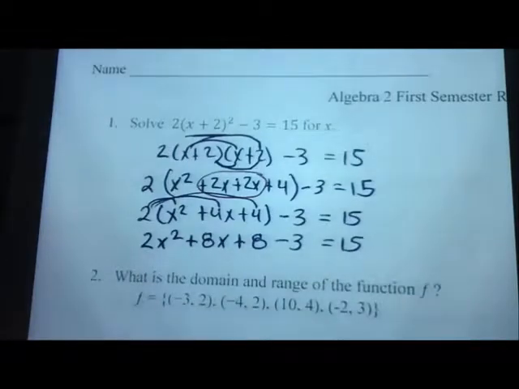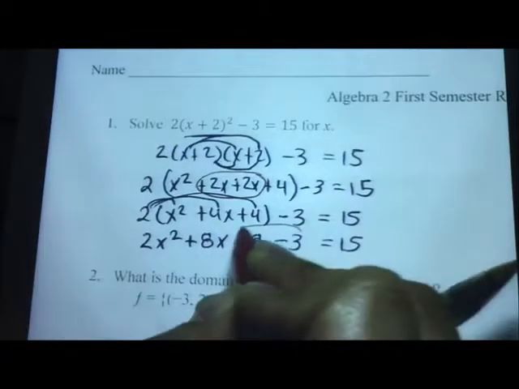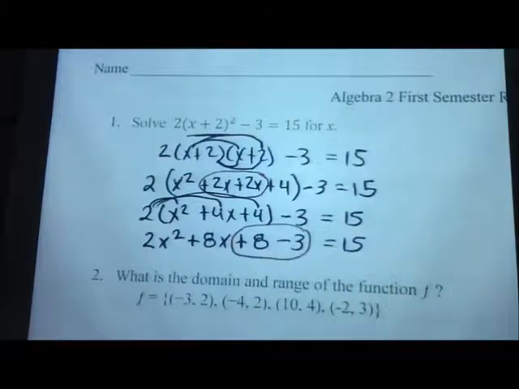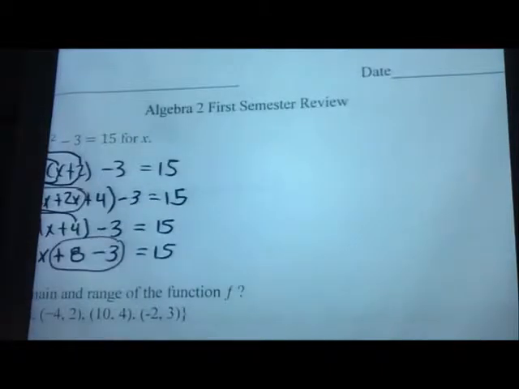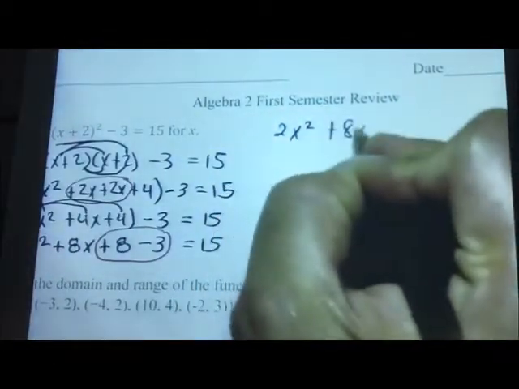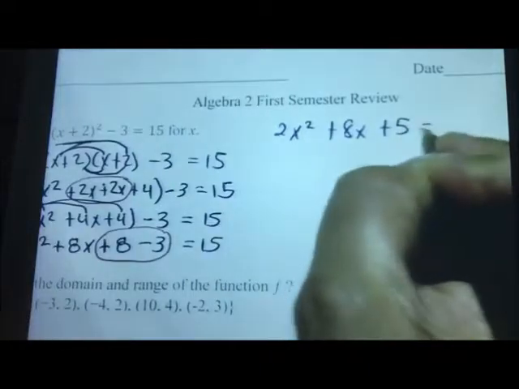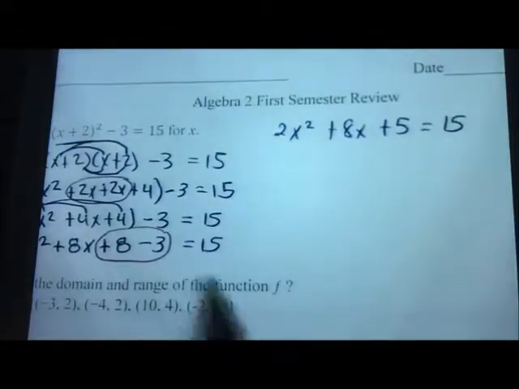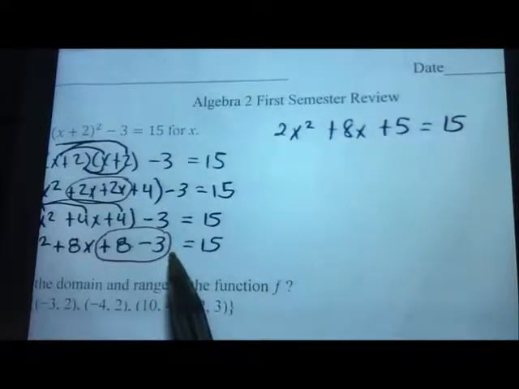Once again, everything needs to move over to one side, but first of all, we should be able to combine those two. We're going to slide this over. This becomes 2x squared plus 8x plus 5 equals to 15. The 5 came from the 8 minus 3.